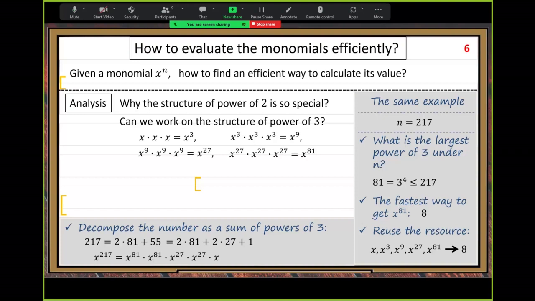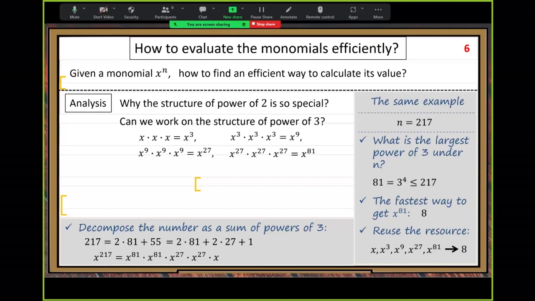But all these numbers come from the pool, right? They are known results. We just put them there. No extra computation. But we need new multiplications corresponding to the 4 dots here.